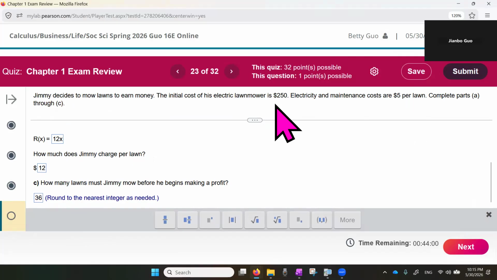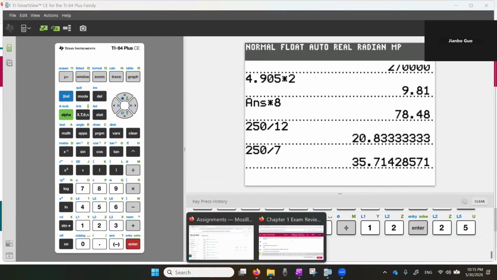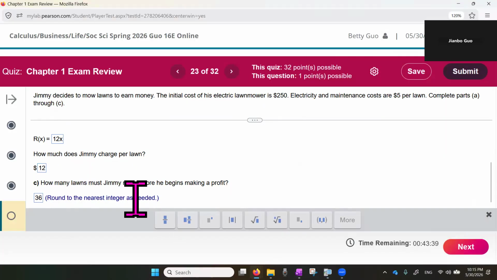But up front he spent $250, right? So he has to mow at least this many lawns in order to get the money he invested in the device back, right? So at 36 he starts to make money.